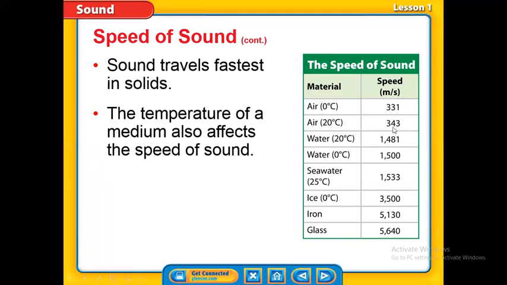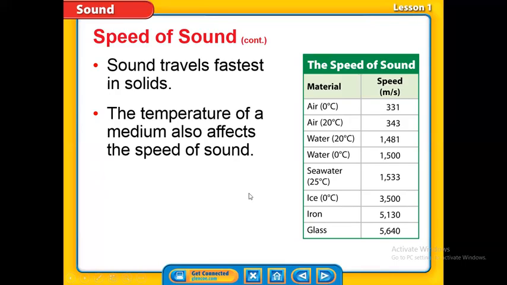But when we increase the temperature of the air, when it's hotter air, you'll find that the speed increased, right? That's because the particles now have more energy, more temperature, and that causes the sound to move a little bit faster through it. You'll find here also in water, when it was 0 Celsius and when it was 20 Celsius.